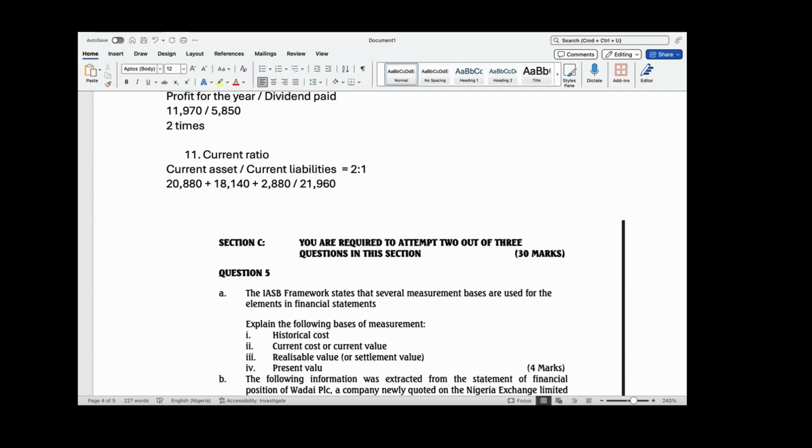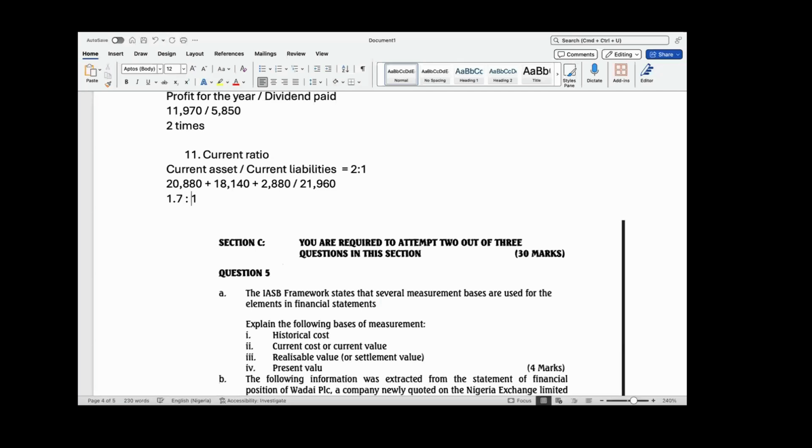We have 1.68. I have 1.8. Let's say 1.7 ratio 1. Let's do 1.7 ratio 1.